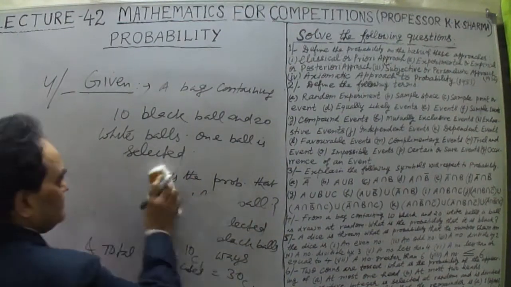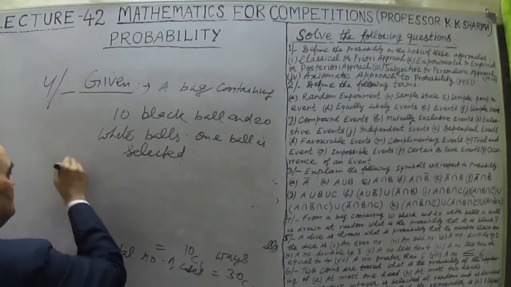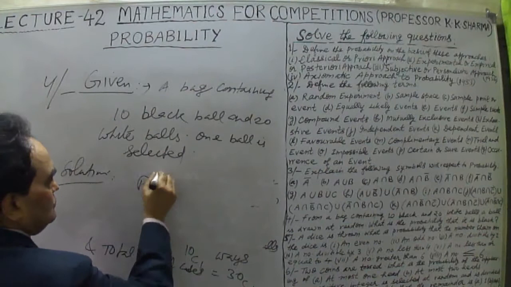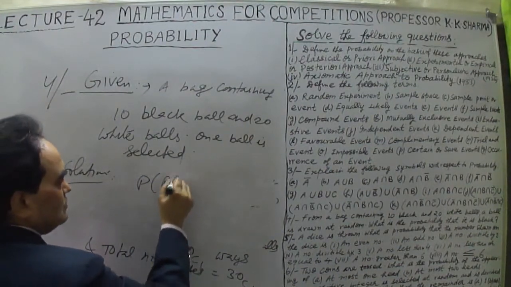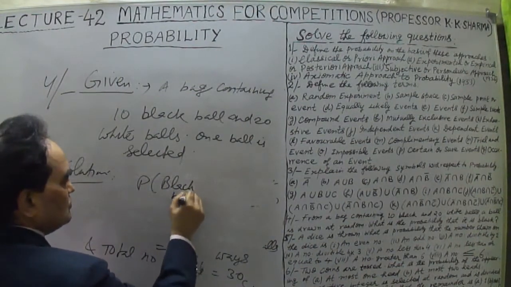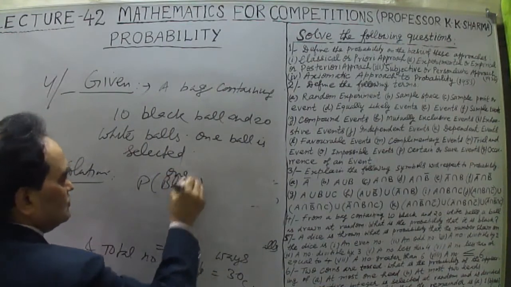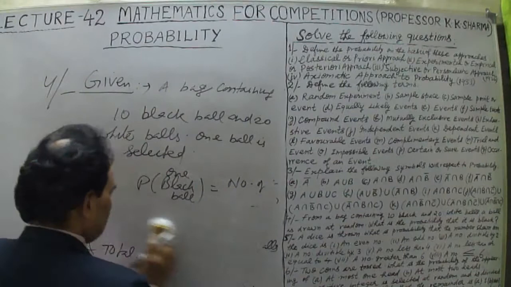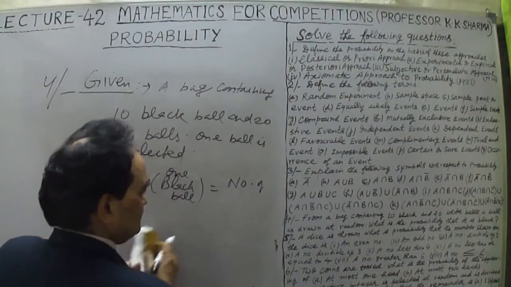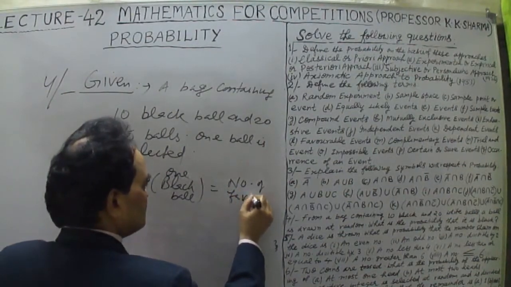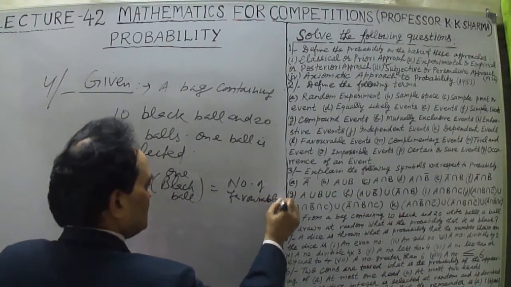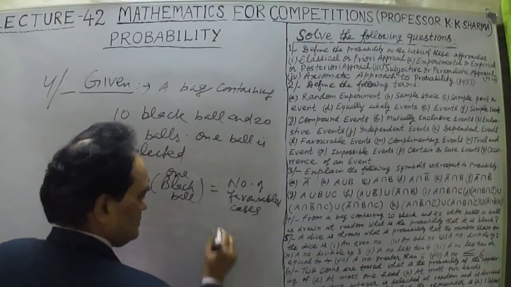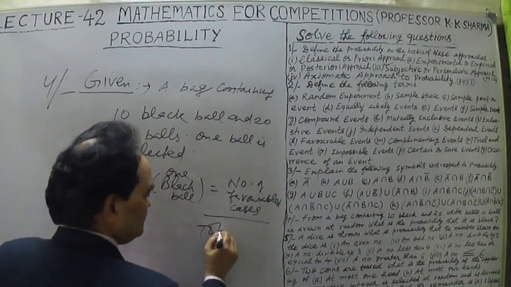What is the answer here? Let me write here. Therefore, solution. Probability of one black ball is equal to number of favorable cases divided by total number of cases.